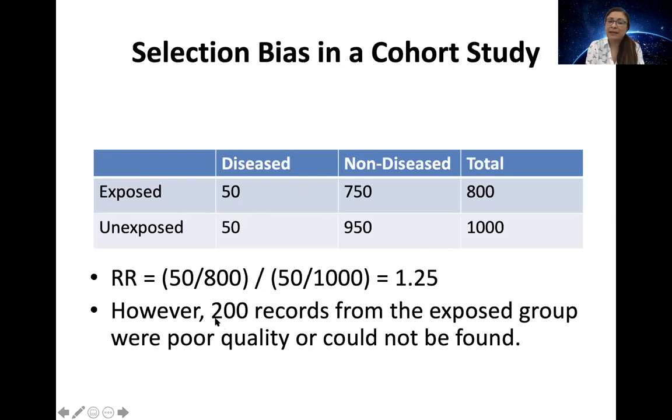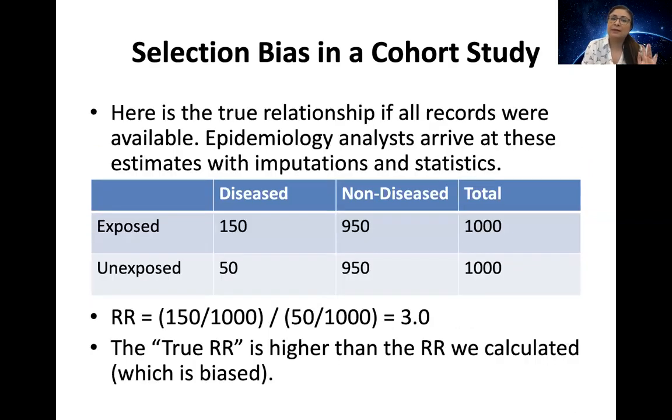But again, let's keep in mind that we're missing 200 records from the exposed group because they were poor quality or they could not be found. This is a little tricky. This one is trying to figure out the true relationship if all the records had been available. Epidemiologists and analysts are trained to do this, and they arrive at these estimates using fancy statistics and imputations and things that I'm not going to teach you about.